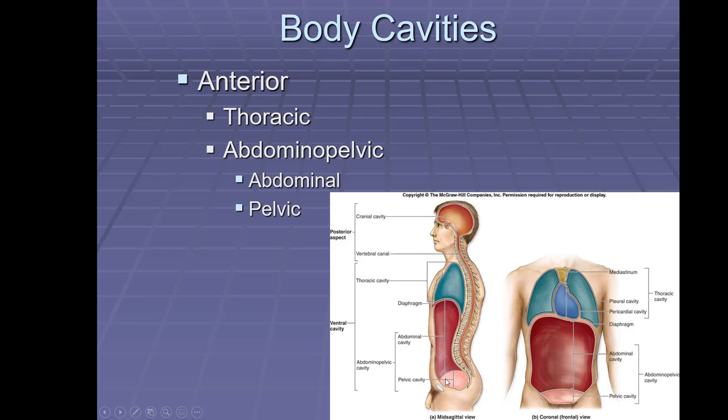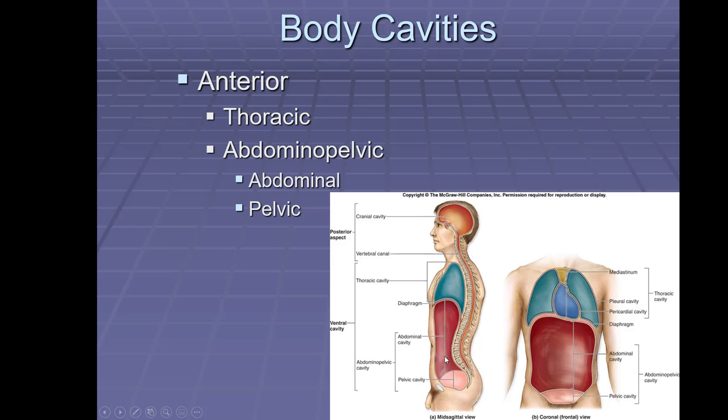The anterior, a little more complex, but not so much. So this is the anterior cavity. It consists of the thoracic, which contains the heart and lungs. And then we have the abdominopelvic, which is all of this. And the abdominopelvic is divided into two separate regions, abdominal, which would be like where all your intestines are, and then the pelvic, which is more where you find the urinary bladder and reproductive organs.